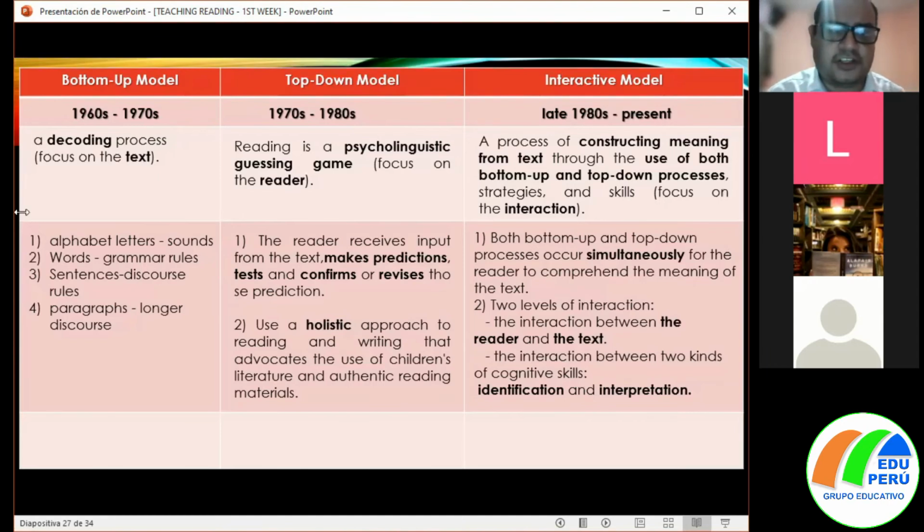Remember, the bottom-up is identification, and the top-down is interpretation. So you're going to make these two kinds of cognitive skills interact with each other, identify and interpret. Both processes occur simultaneously.